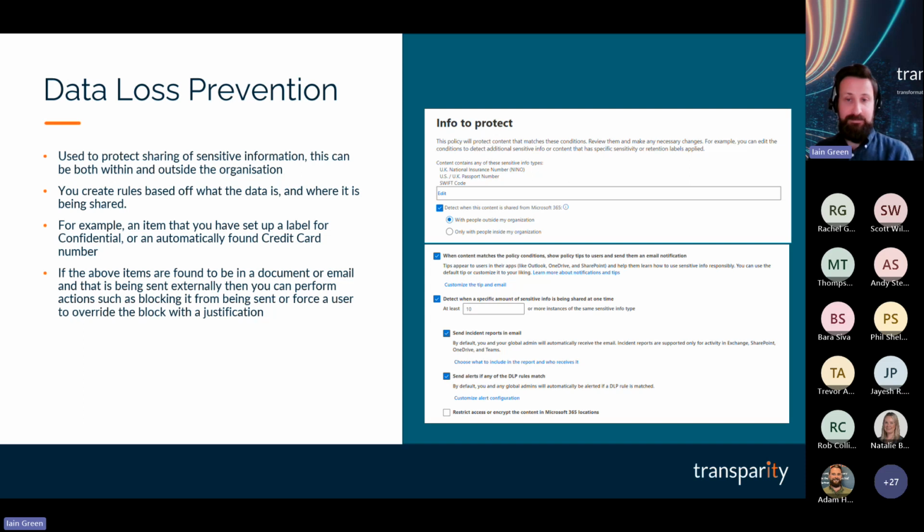And then they would be able to potentially override that, but again, providing the business justification. And all of these policies can be configured to send alerts as well to both administrators or priority groups. But also if you're using things like Microsoft Sentinel, then it can also raise automated alerts to the SOC.